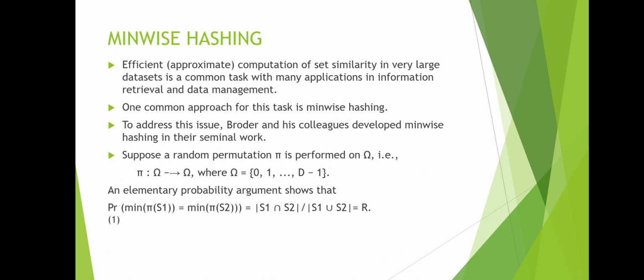An elementary probability argument shows that the probability that the minimum of pi of S1 equals the minimum of pi of S2 is the size of S1 intersection S2 divided by the size of S1 union S2, equal to R.